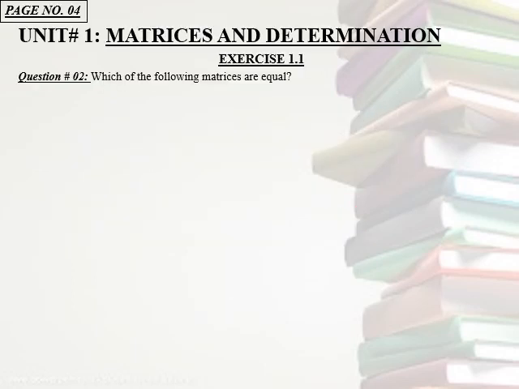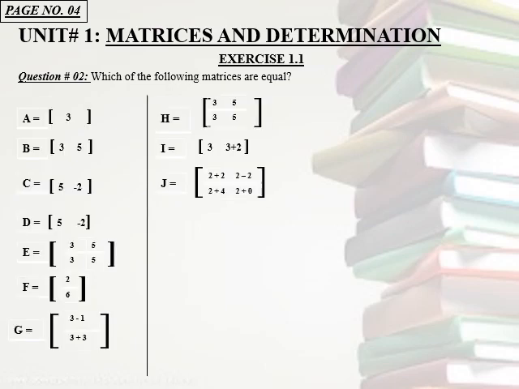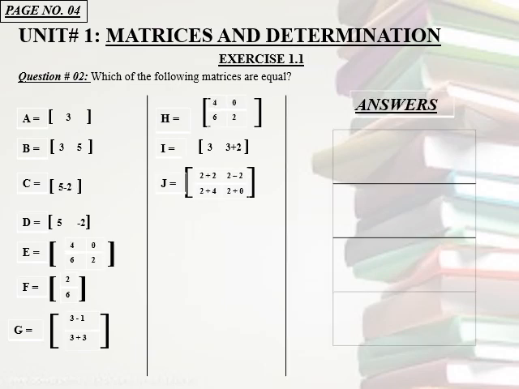Now come to the second question of exercise 1.1. The question is, which of the following matrices are equal? These are all the matrices given in your exercise. Let's do it. Take matrix A. Its order is 1 by 1. Now find another matrix of order 1 by 1.